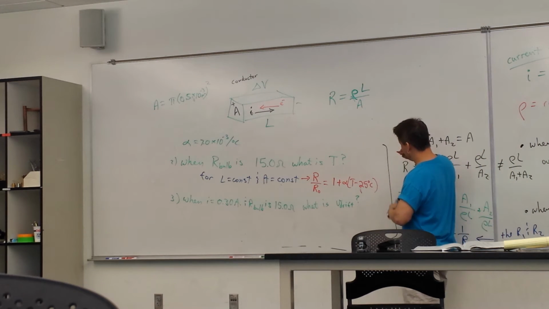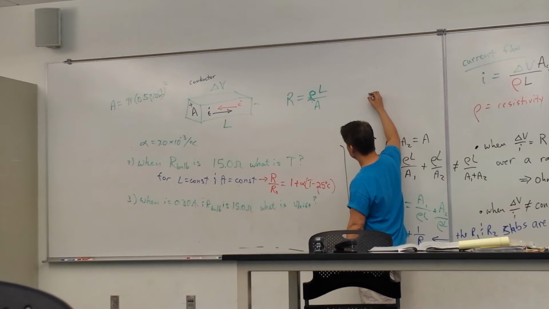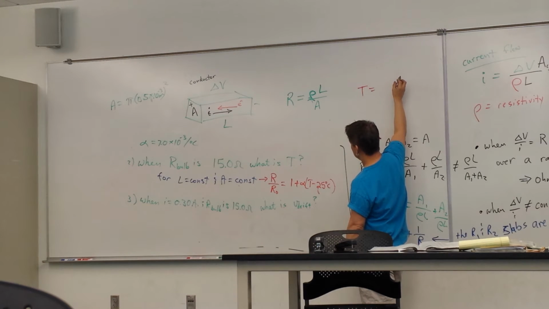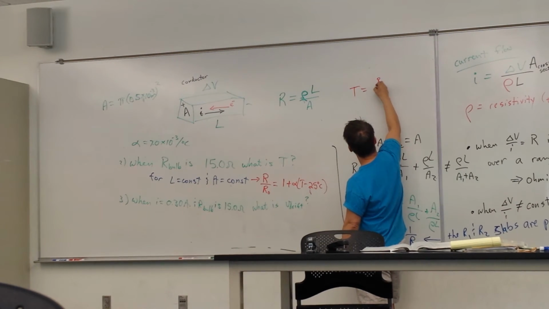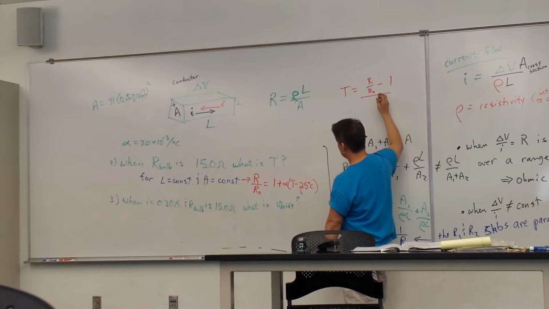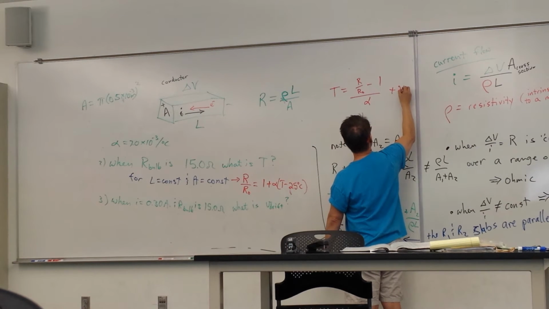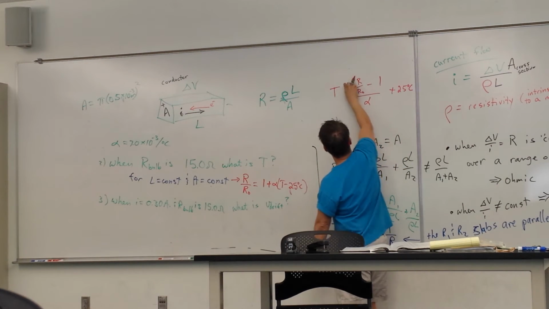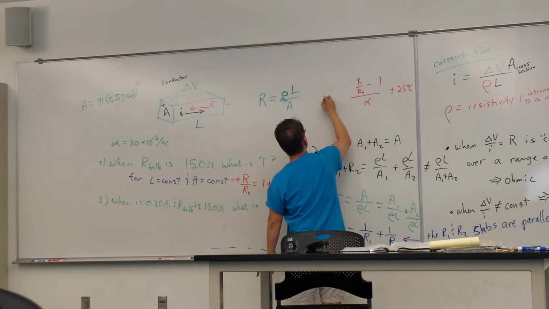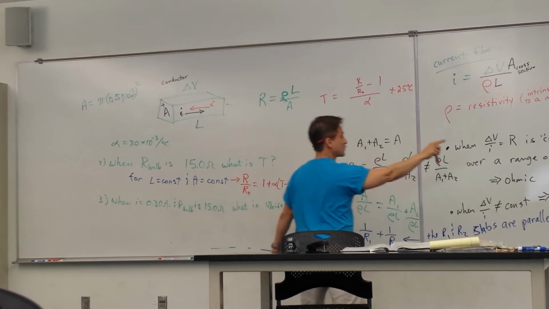So to this end, then, T should be R over R naught minus 1, divided by alpha, plus 25. Or, let me see, was it 3 to begin with?